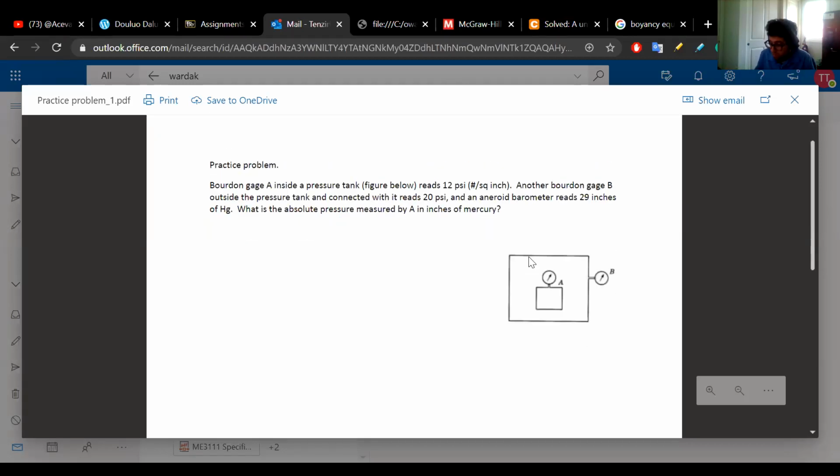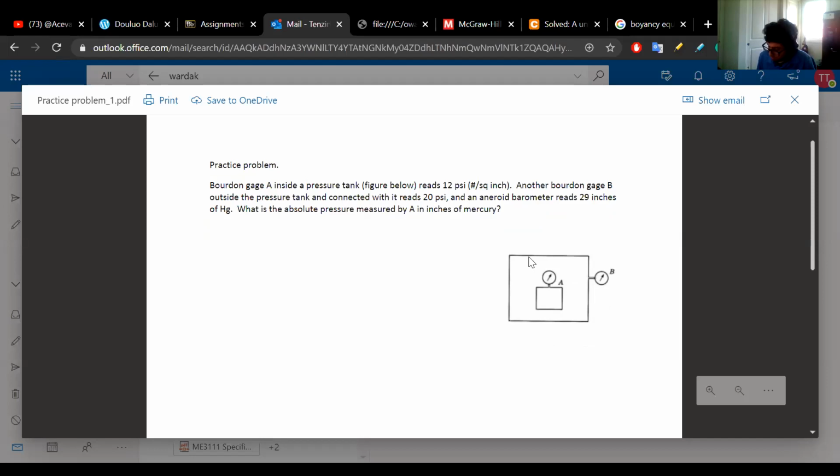So we have a pressure gauge A inside the pressure tank, reading 12 psi inside the tank.